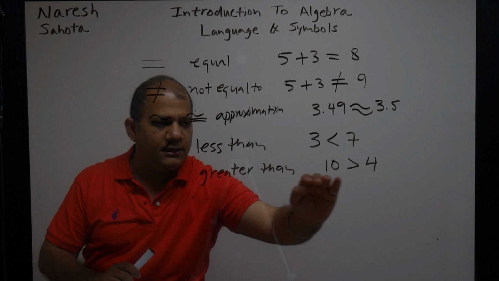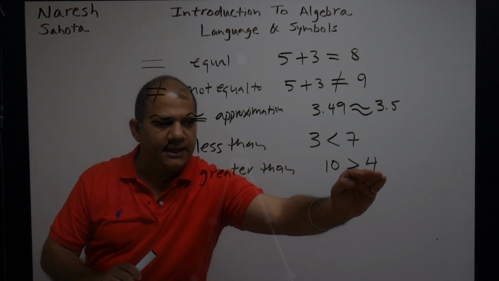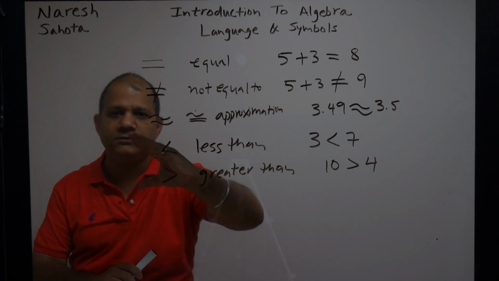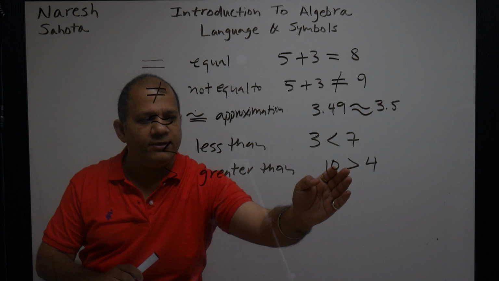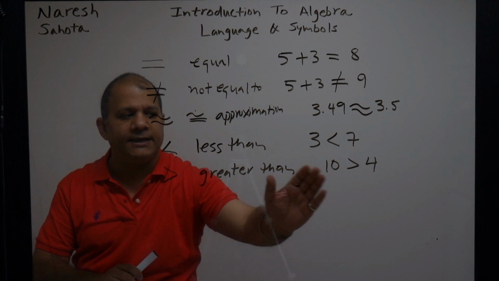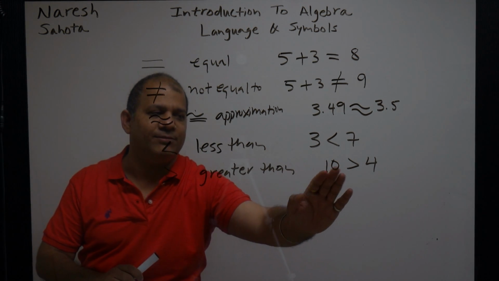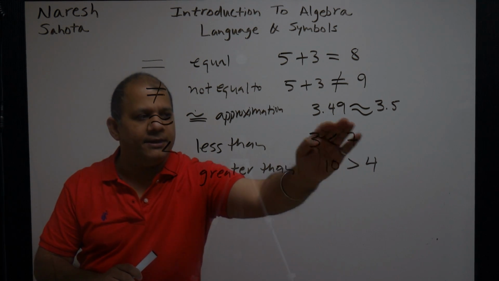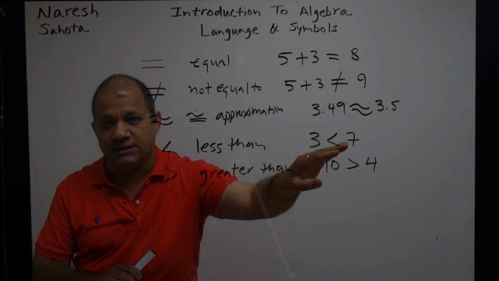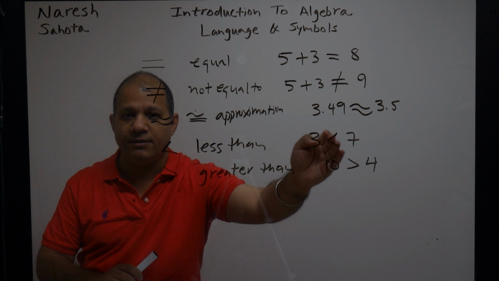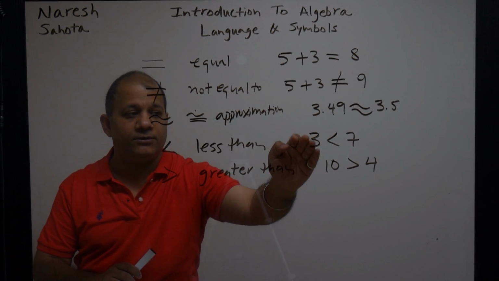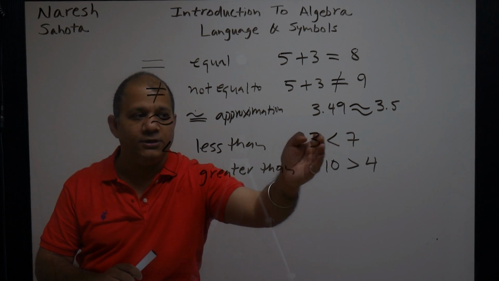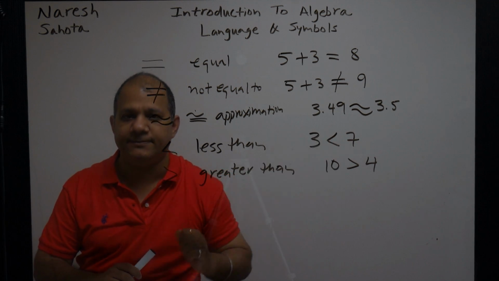Now the symbol in this example opens towards the number 10. So whichever number it opens towards, that number is bigger. So 10 is bigger than 4. In this example, it's opening towards 7, so 7 is bigger than 3. That means 3 is smaller than 7, or 3 is less than 7.